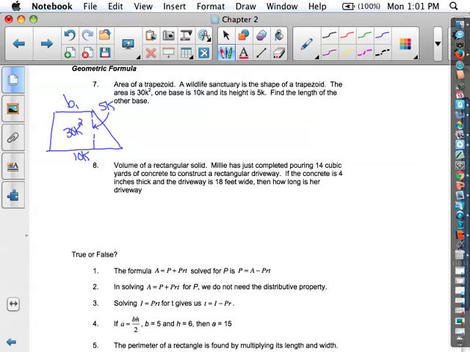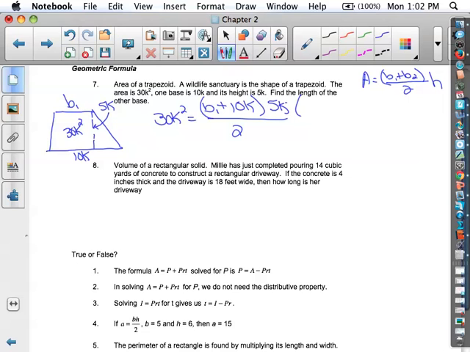I don't know how many of you remember the area of a trapezoid is equal to (B1 plus B2) over 2 times H. So the area is 30K squared, and that's equal to (B1 plus 10K) times 5K, all over 2.